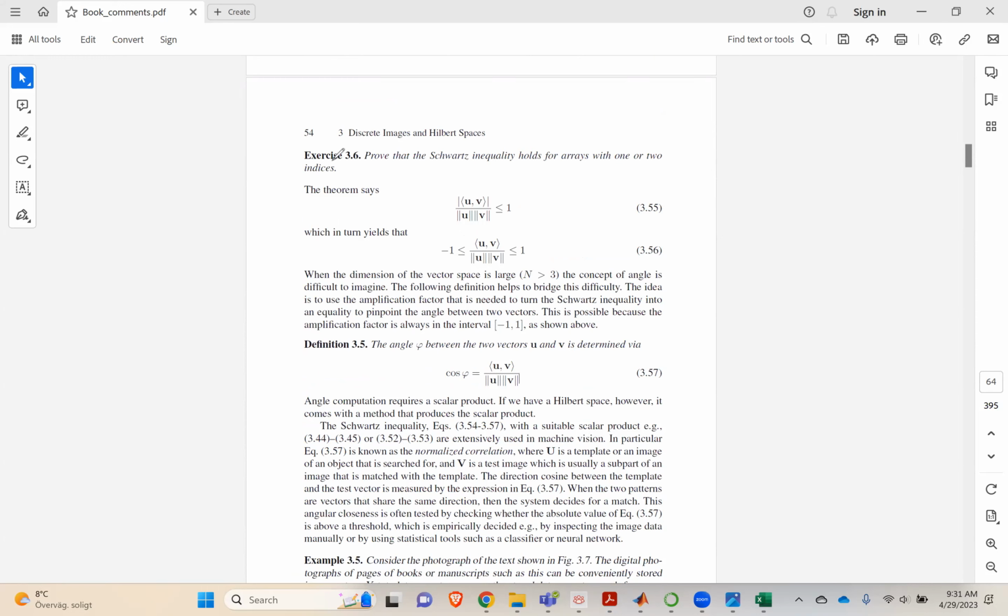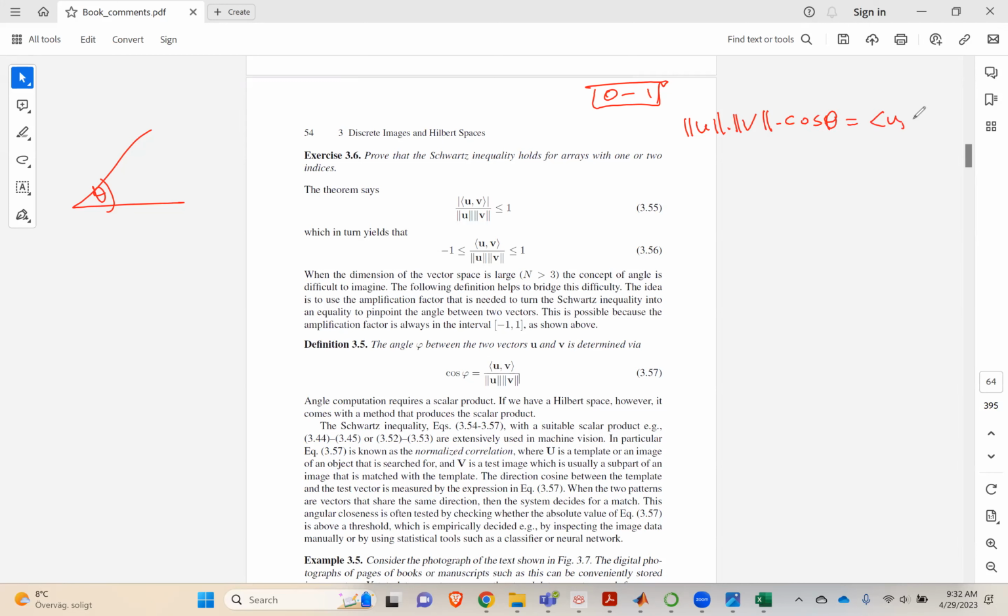When you compare the angle between images, it's a varying value. Let's say this is the theta angle. But what we need to do is align this into a 0 to 1 scale. So there is a mathematical equation: u dot v equals the norm of u times the norm of v times cos theta.